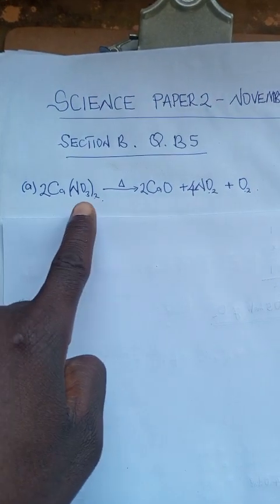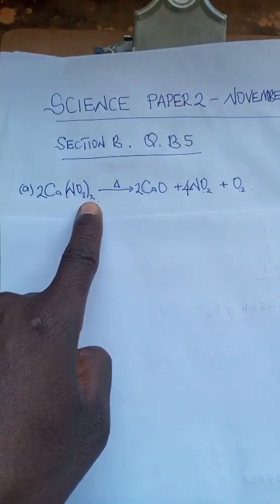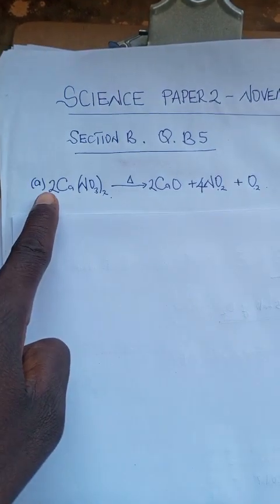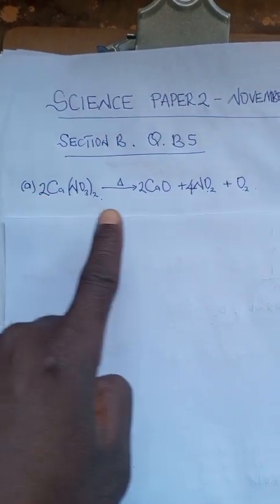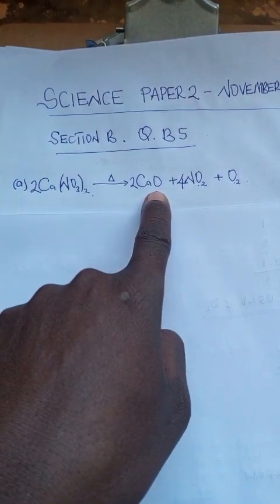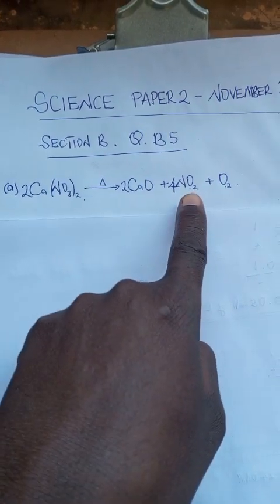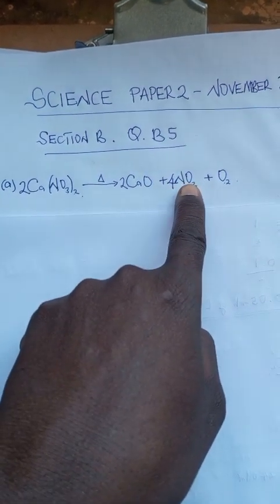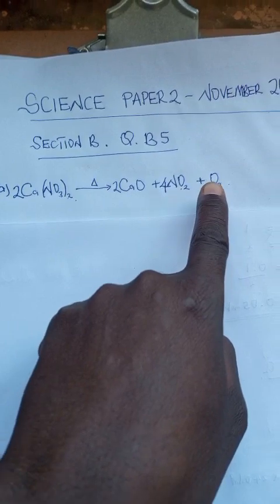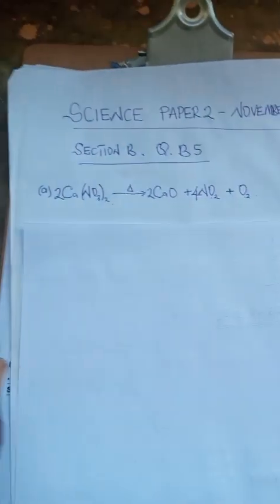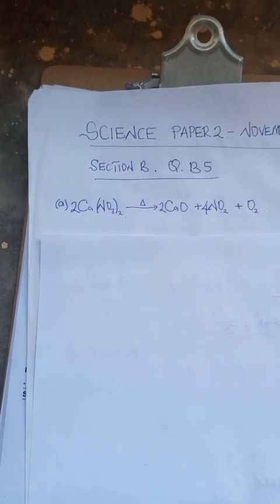And on oxygen we have 3 times 2, which gives us 6, times 2, which gives us 12. So we have 2 oxygen atoms plus 8, which is 2 times 4, 8, which gives us 10, plus 2, which gives us 12. So this is the balanced equation on that question.